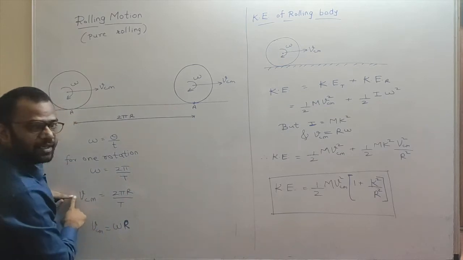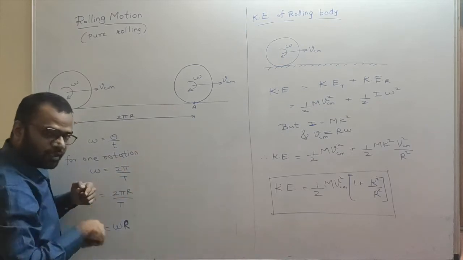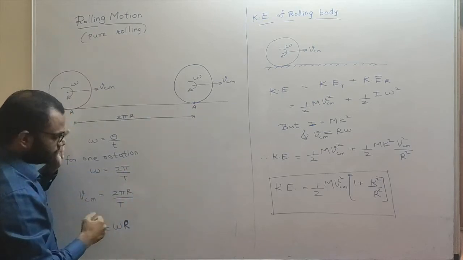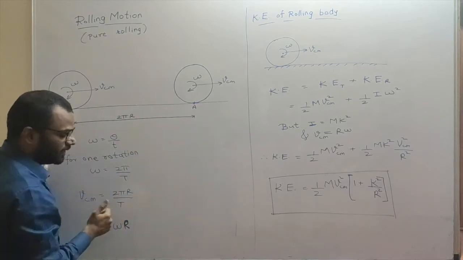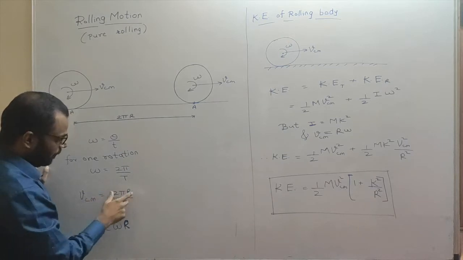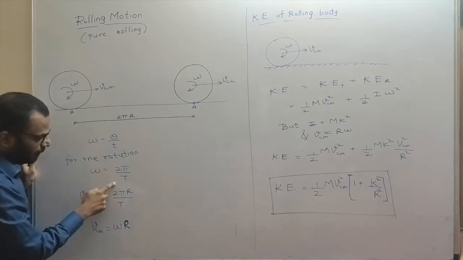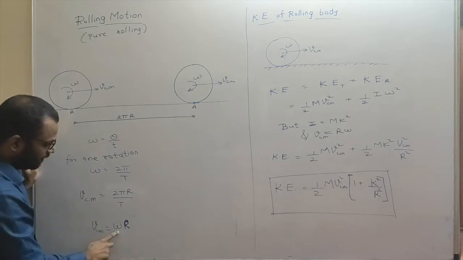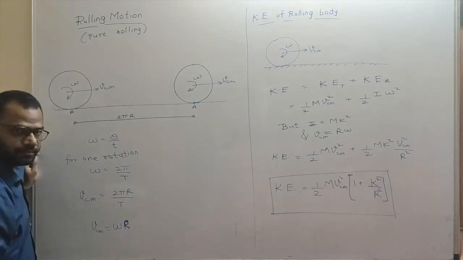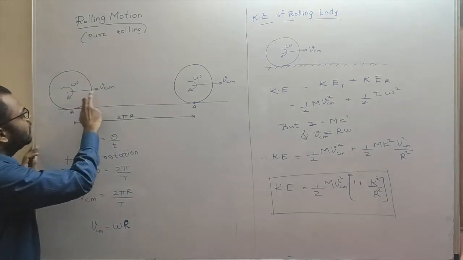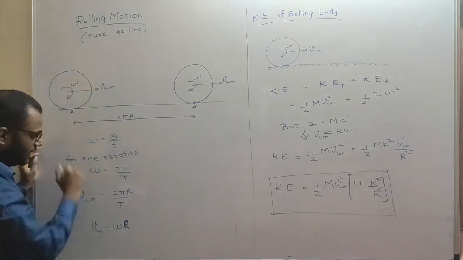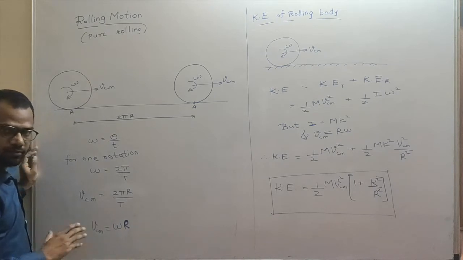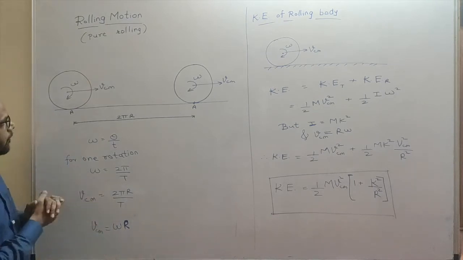So VCM can be written as distance upon time. The distance is 2 pi r, upon the same time, capital T. So VCM is 2 pi r upon T. Now 2 pi upon T is nothing but the angular velocity omega. So VCM is nothing but omega into r. So the relation between the velocity of center of mass and the angular velocity of the object is VCM equals omega r. I hope you have understood this.